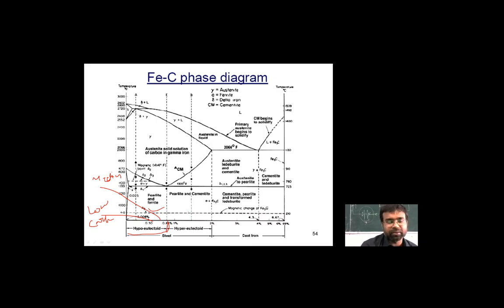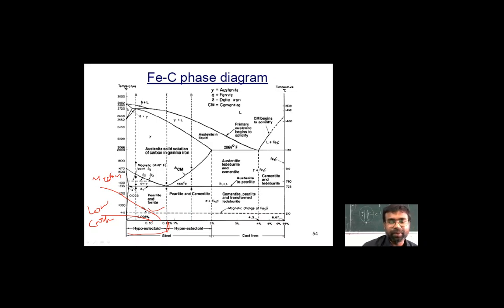So the hypo and hypereutectoid steels are to be identified, and that basically represents the percentage of the carbon as well, and the strength of the material.